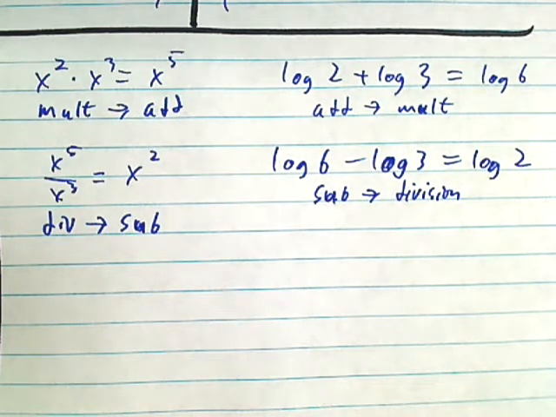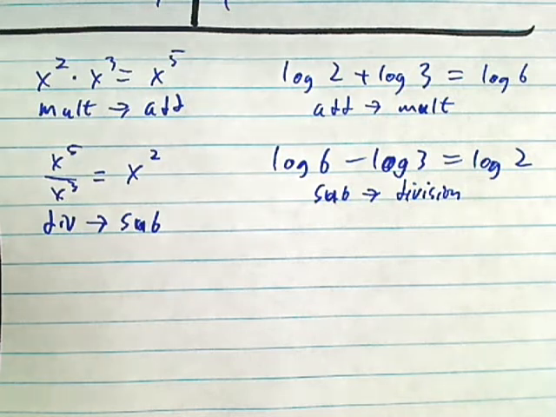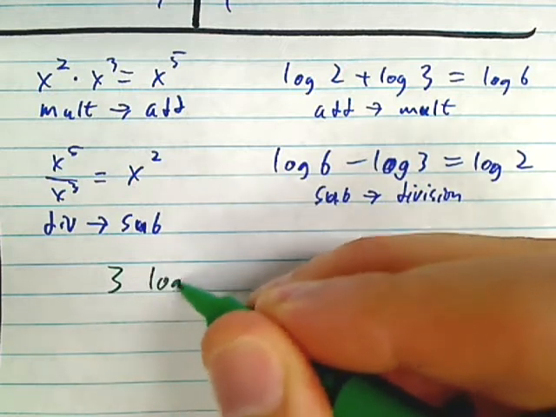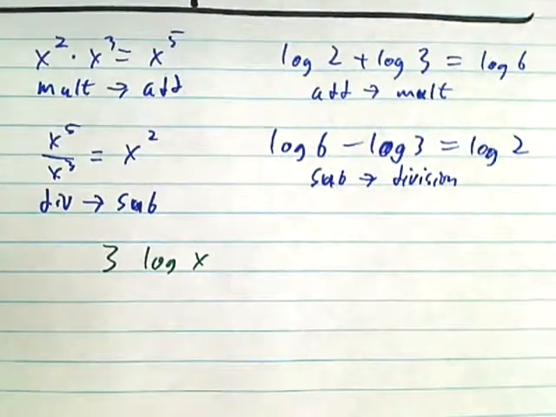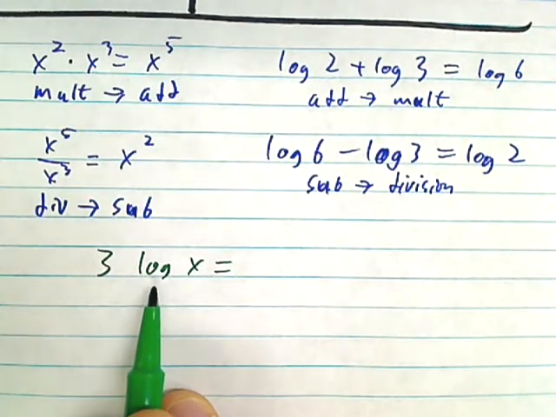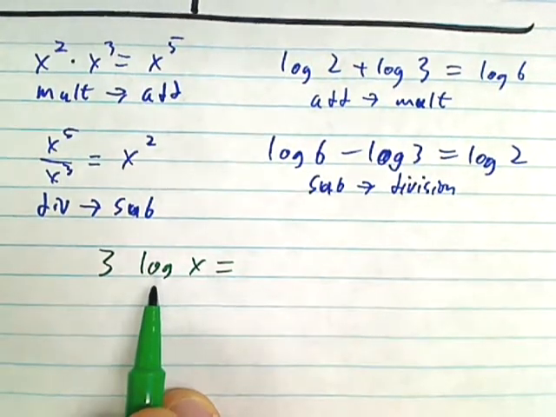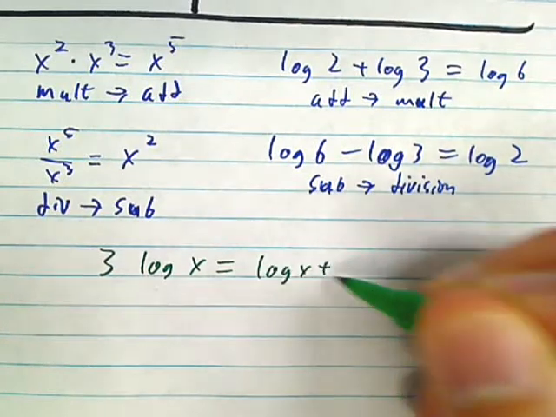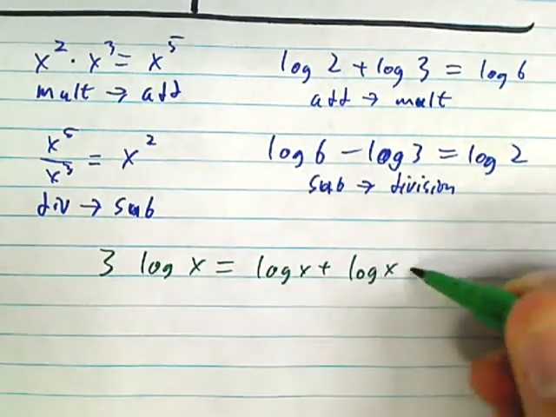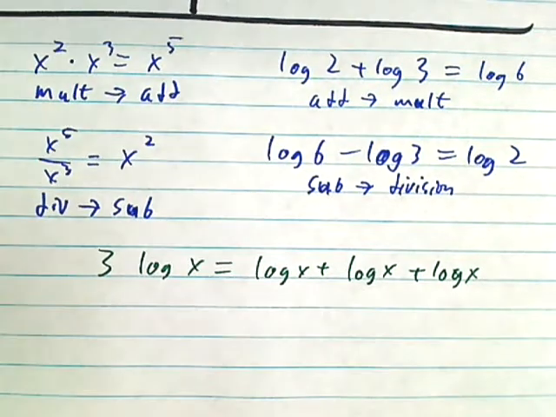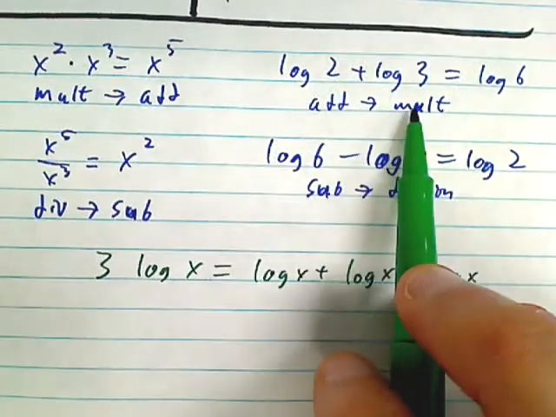Okay, so those are a couple of rules we're going to use. One other thing I want to look at: what does 3 log x mean? Remember that 3 times something means you add it that many times, like 3 times 10 means 10 plus 10 plus 10. So this means log x plus log x plus log x. Up here, we discovered that addition becomes multiplication.